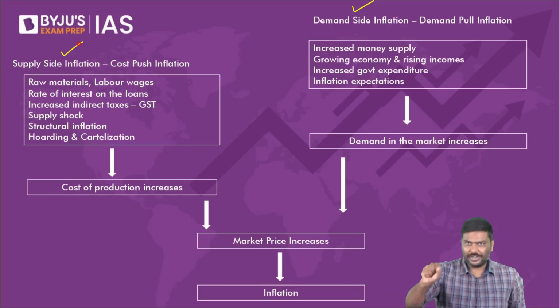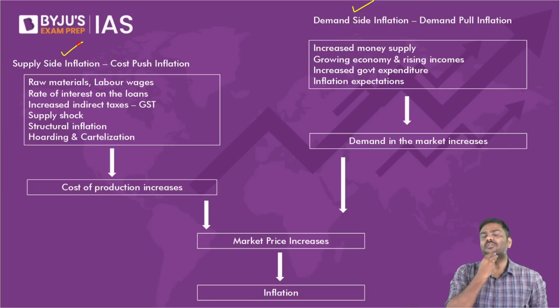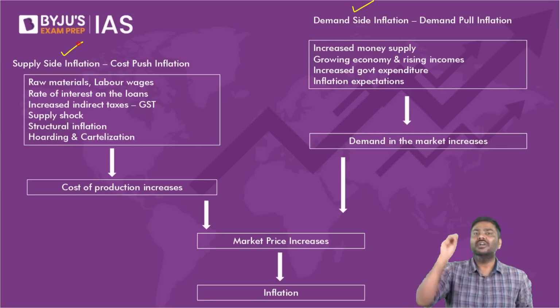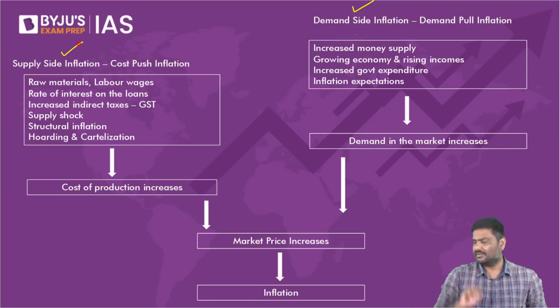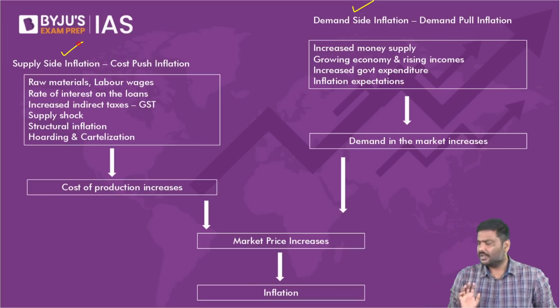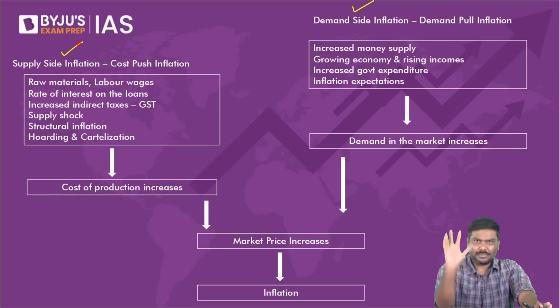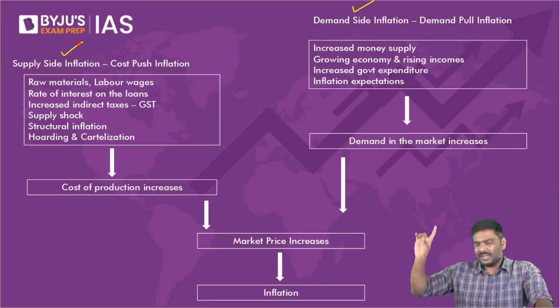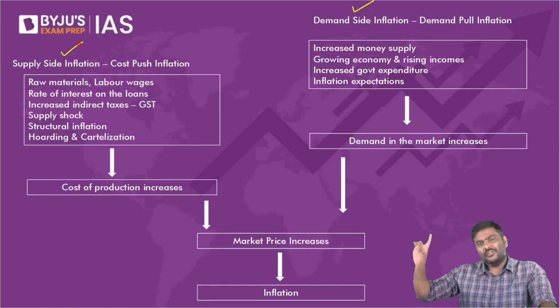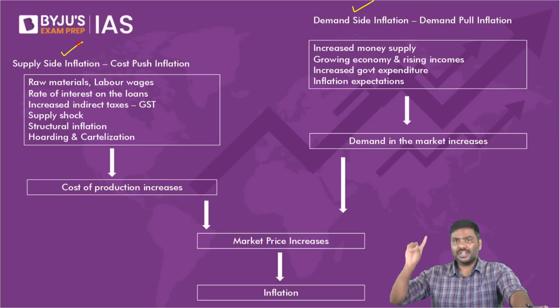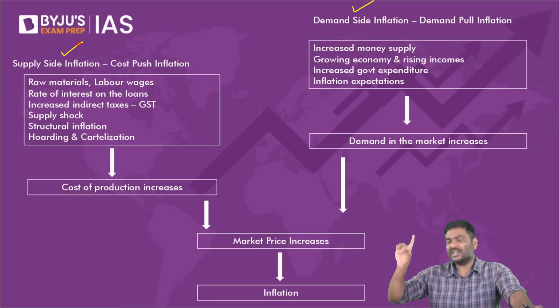Imagine the Government of India provides you a cash subsidy of 10,000 rupees every quarter. Question number 1: will the Government of India's expenditure increase because of this?